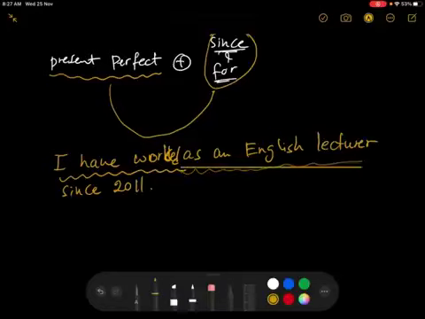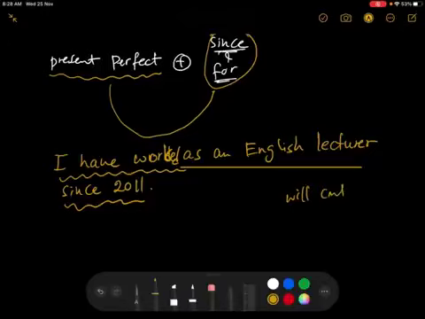I want to say that I started this action in the past, okay, and it is still going on in the present, and will continue in the future. Will continue.